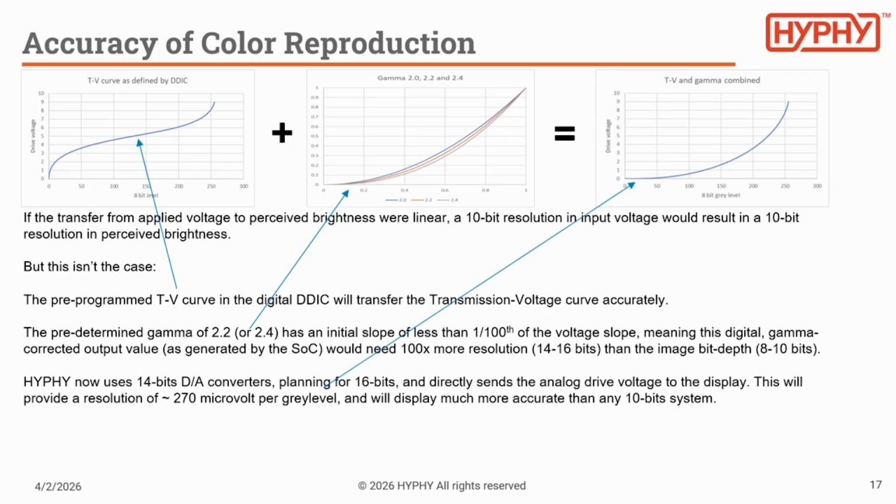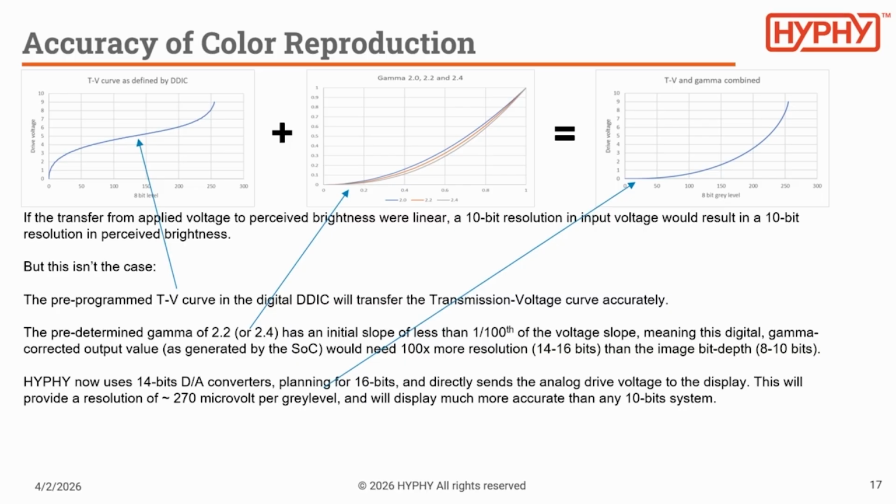So the combination of these two curves leads to this curve, and HYPHY now uses 14 bits to D2A to compensate both curves at the same time by using a 10 to 14 or 10 to 16 bit lookup table in order to get all that correctly displayed.